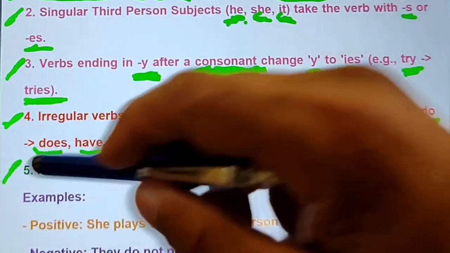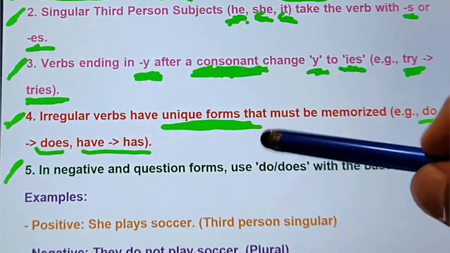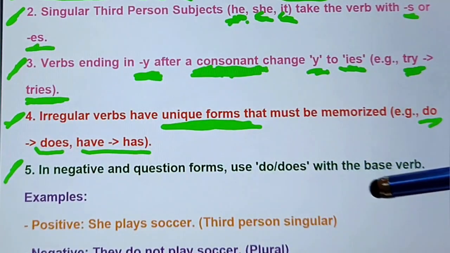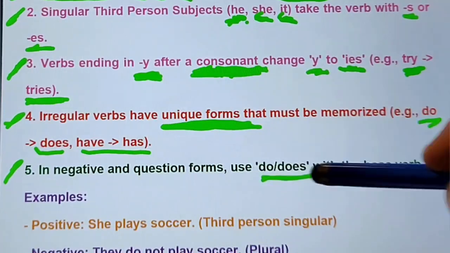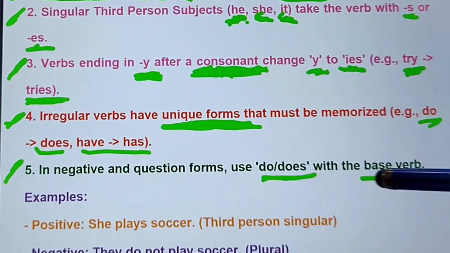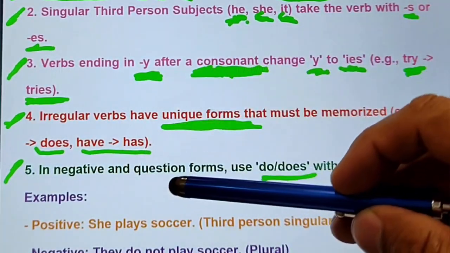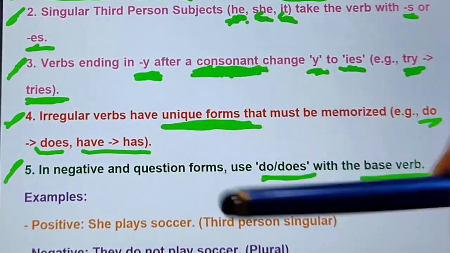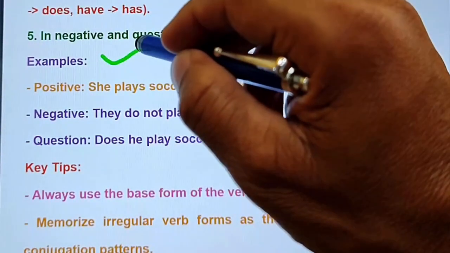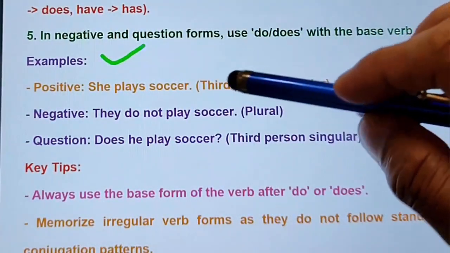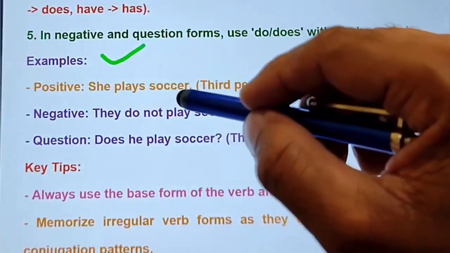Number 5, the fifth rule here: in negative and question forms, use do or does with the base form. So we use do or does with the base form of the verb as it is in a negative sentence or interrogative sentence. Let's have some examples. First we have a positive sentence here, she plays soccer.